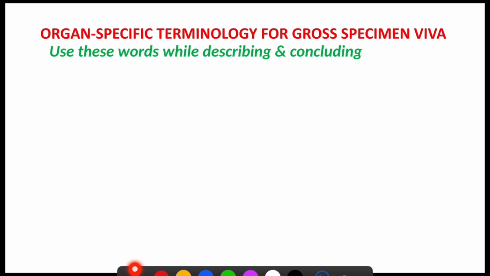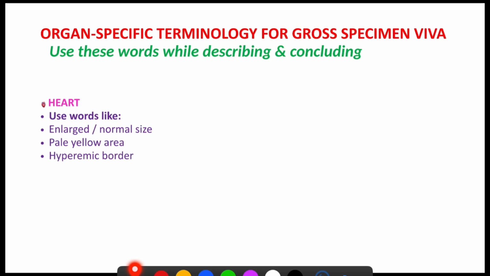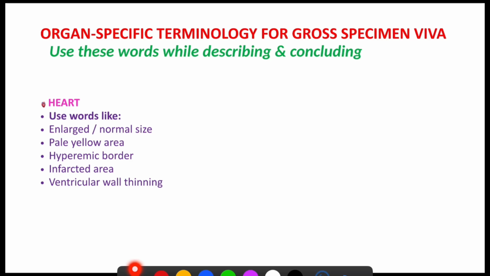Now, before you learn gross description of a particular organ, there are some organ specific terminology and you use these words while describing and concluding. So, for the specimen of heart, you have to use words like whether it is enlarged or normal in size, pale yellow area or whitish area, or infarcted area is present or not, whether the area is having hyperemic border, whether the ventricular wall is thickened or it is thinned out.